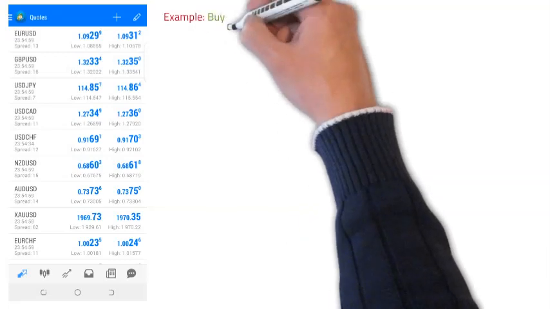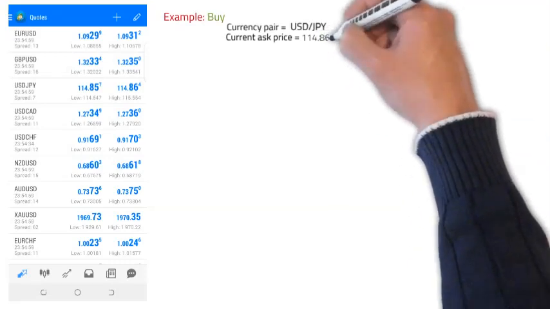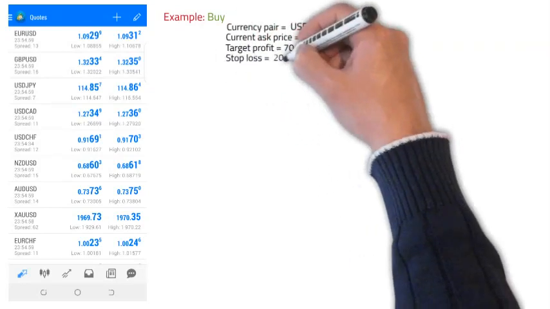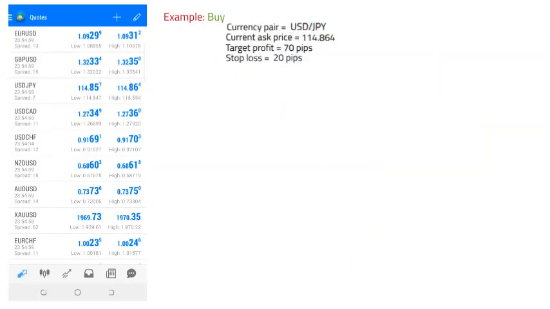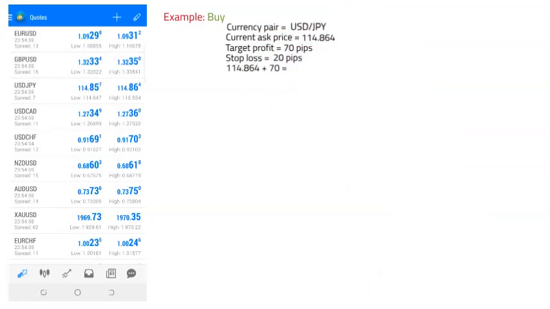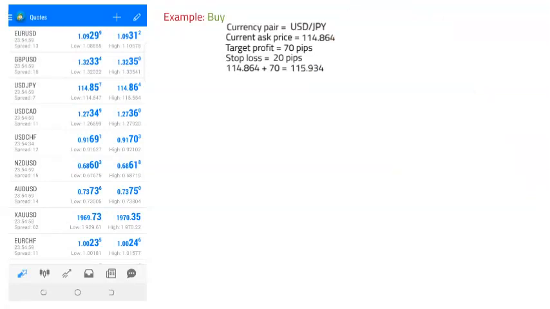Let's say I want to buy USD JPY at that ask price of 114.864 and I want a take profit of 70 pips and I don't want to lose more than 20 pips. What will now be my take profit and stop loss? My take profit would be at 115.934.